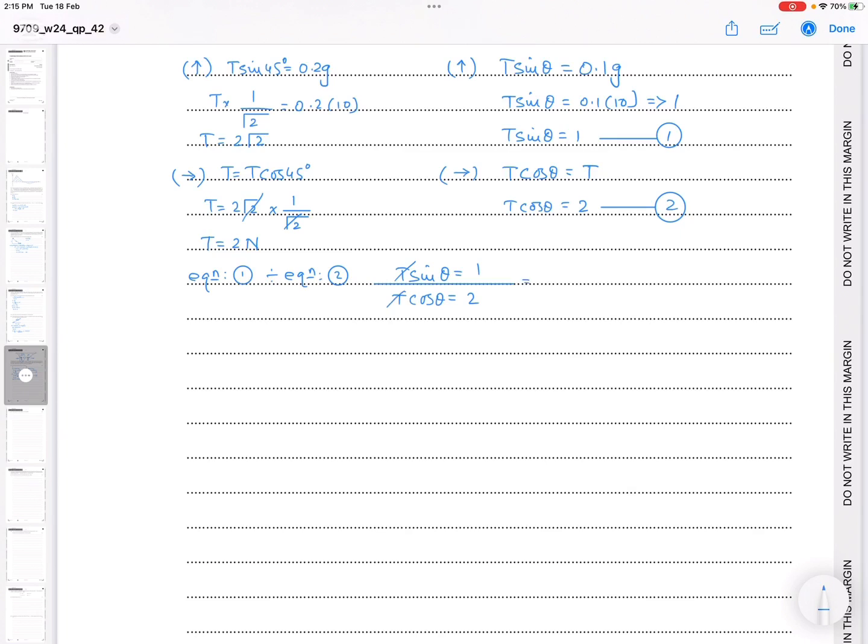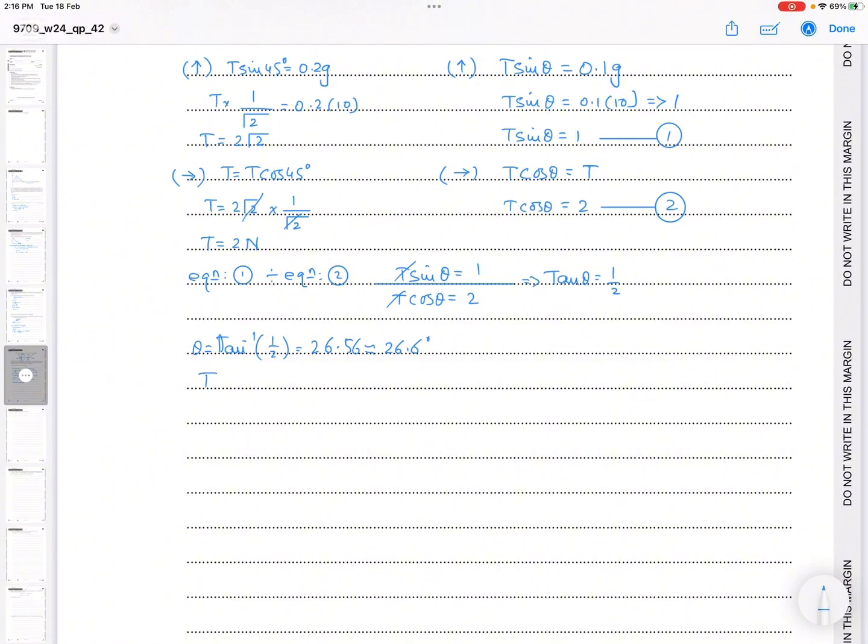Sine over cos makes tan. Tan theta is equal to 1 over 2, and theta is equal to tan inverse of 1 by 2, which gives us 26.56, or you can say 26.6 degrees. Put this value in equation 1.